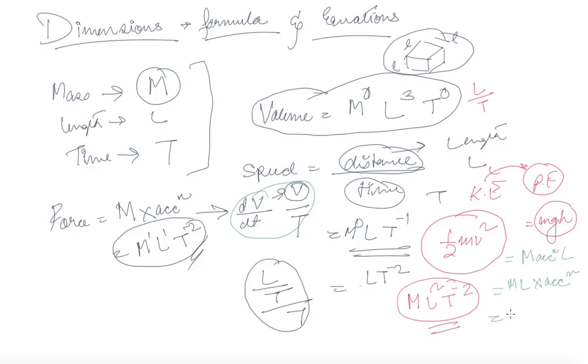So if I substitute, m L into L T to the power minus 2, this becomes m L square into T to the power minus 2, which is the required dimension. Therefore we have LHS equals RHS, and therefore we have proved. This is how you can apply this in your equations.